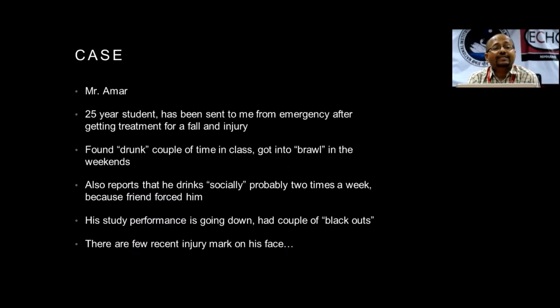His study performance is going down and he has a couple of blackouts. He doesn't remember what happened last evening or night, and there are recent injury marks on the face. So this is a scenario where the person was referred from the neurosurgery OPD to us, and as I mentioned, he says he takes alcohol only once or twice a week.